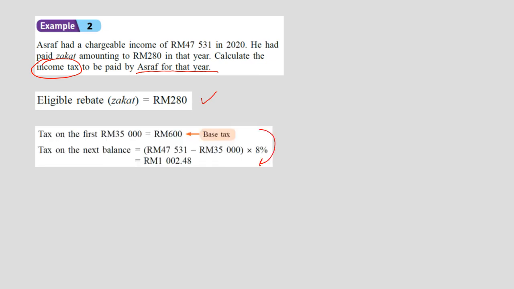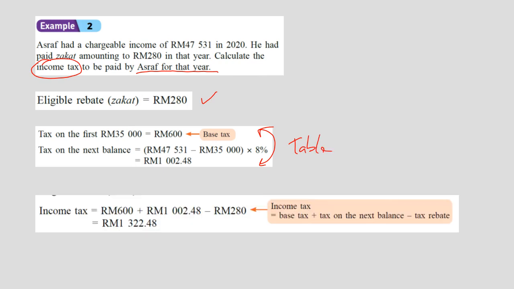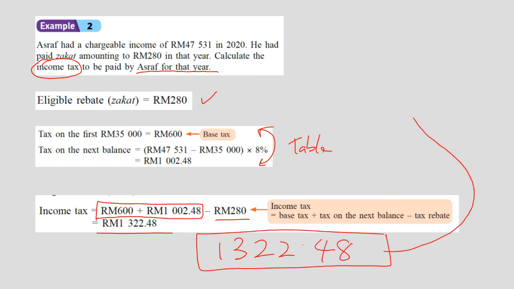Remember the income tax from the table? From the table you minus the zakat. So actually you only have to pay 1,322.48 to LHDN or to the government.